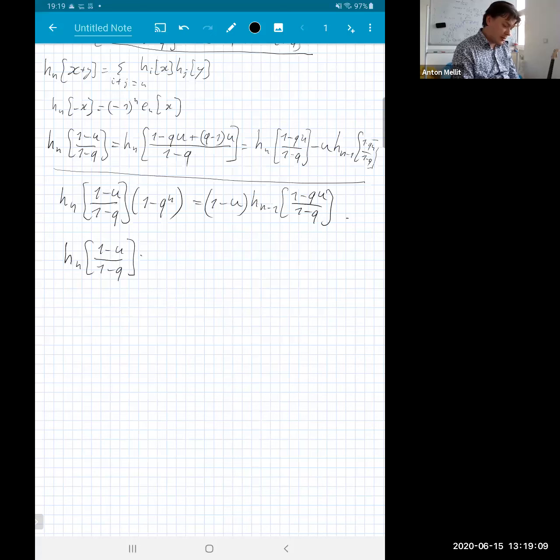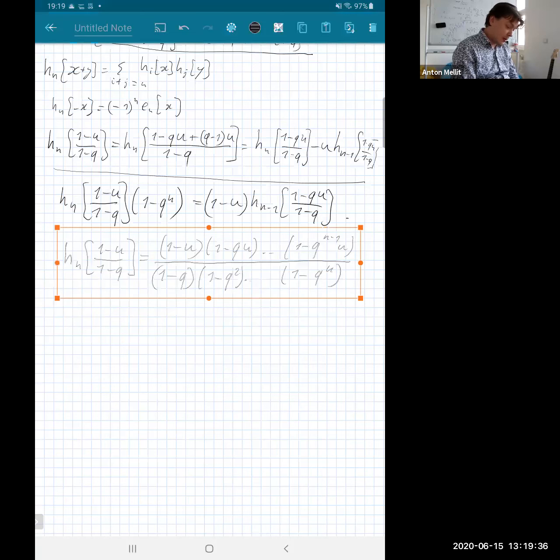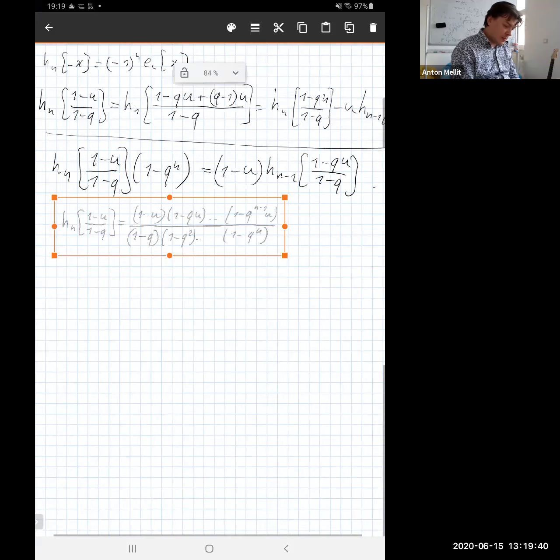And the product is like this. You get (1 minus u)(1 minus qu) up to (1 minus q to the n minus 1 u), and in the denominator, (1 minus q)(1 minus q squared) up to (1 minus q to the n). So we obtain this formula.